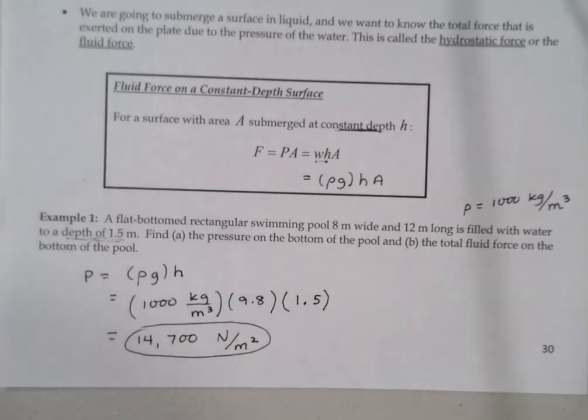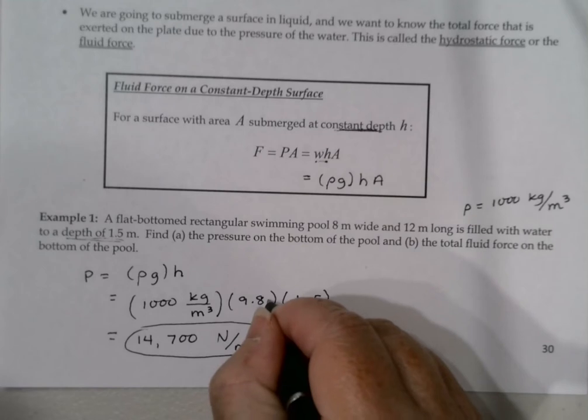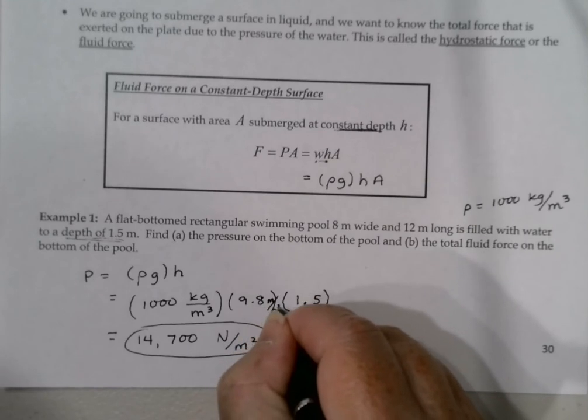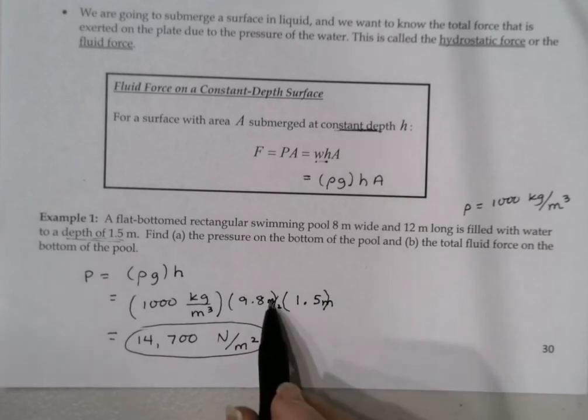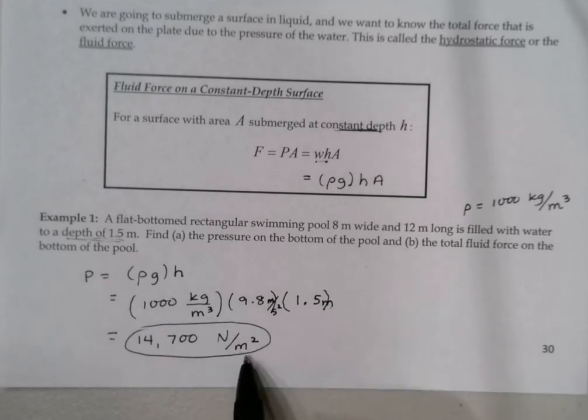I stopped writing my units. I probably shouldn't have. This was 9.8 meters per second squared, right? And the 1.5 was the height in meters. So notice the 2 meters here cancel out 2 of those, and that's why I ended up with just meters down here, but then I changed that into newtons, which got rid of the other meters as well. So I end up with newtons per square meter.